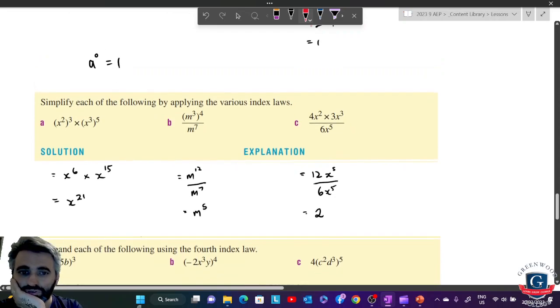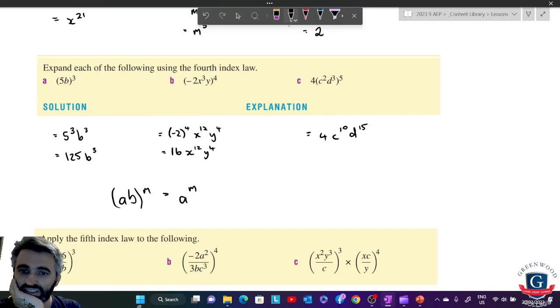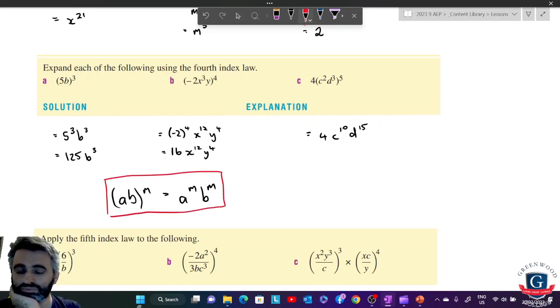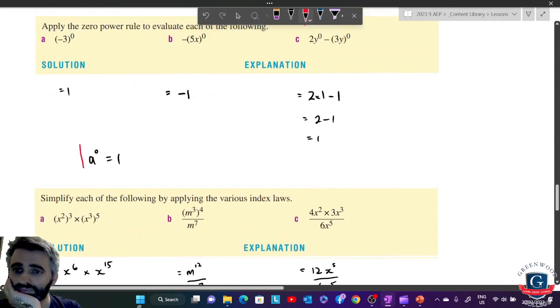Can I explain the fourth law anywhere? Maybe I should write it down. a b to the power of m equals a to the power of m, b to the power of m. So there's the fourth law. Then we get the third law, which is just this.